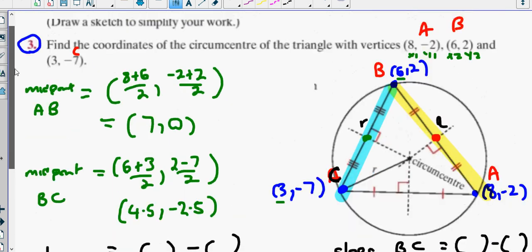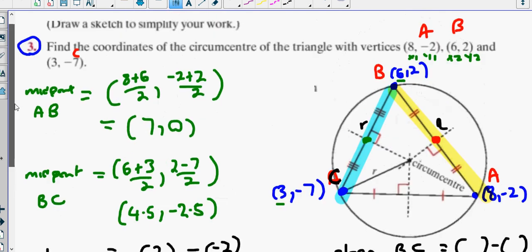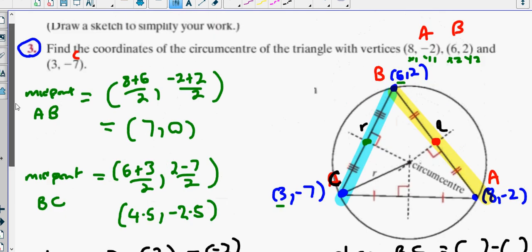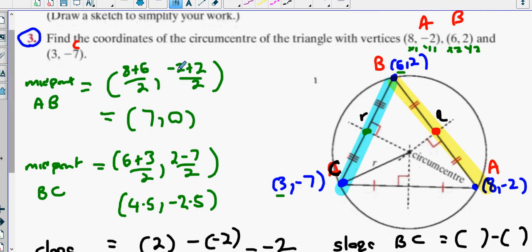2 minus minus 2 for AB. 2 minus minus 2. And then 6 minus 8. Did anybody get a slope of 4 divided by minus 2 is minus 2? Anybody get a slope of minus 2 for AB? Okay. Slope of BC is, call this x1, y1.